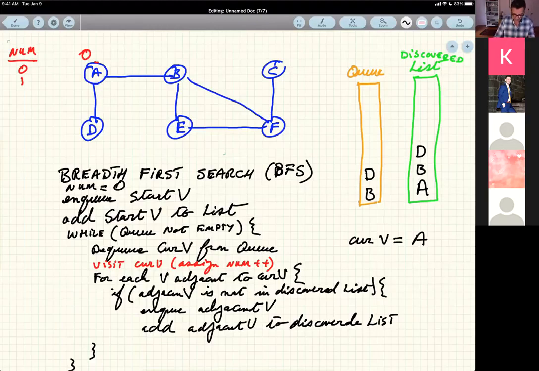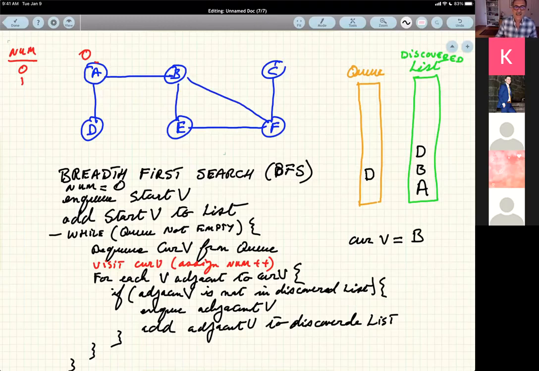Now let's see what happens for the rest of the stuff in here. We have added B and D to the list. So now we'll go back up to the top, to the while loop, and we have to dequeue the current vertex from the queue. B was the first one in here, so B is my current vertex.